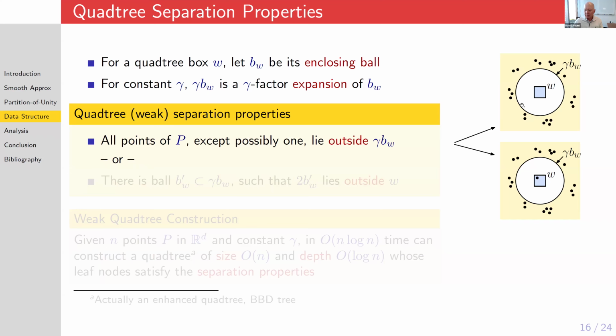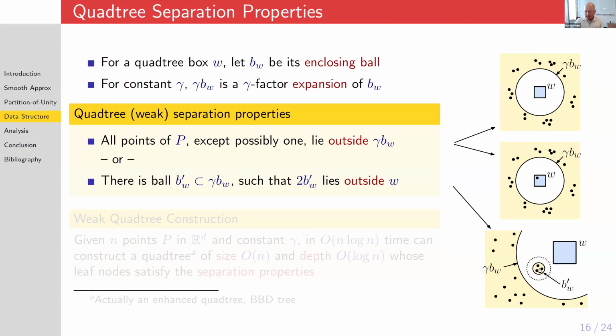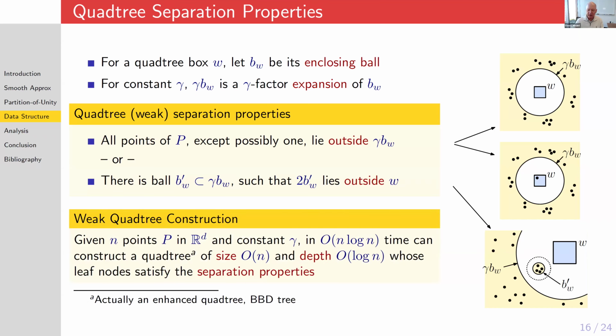Every quadtree cell should be at least a constant distance from the nearest points, but it's allowed to contain a single point of its own. The other thing that can happen is I can have a cluster of points that are somehow separated from a quadtree box. This is the weak quadtree construction. I won't talk about it because we discussed this in previous papers, but you can build this in n log n time.